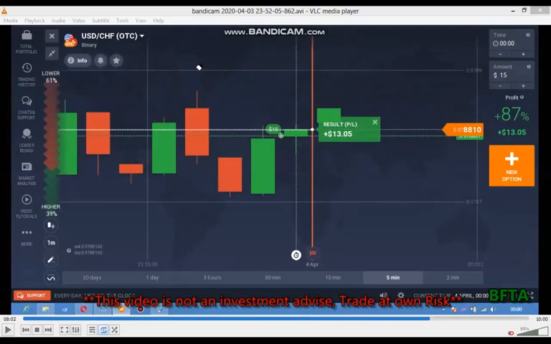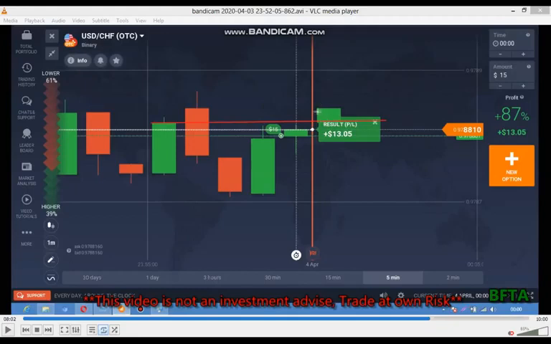I don't know if I can draw it very well. I want to draw it very well. You can see that the opening price of this bullish candle is below.